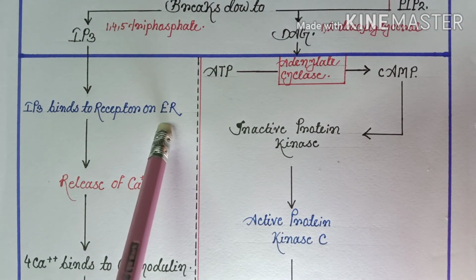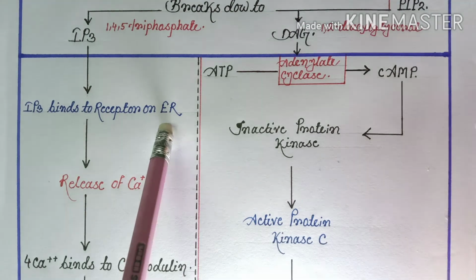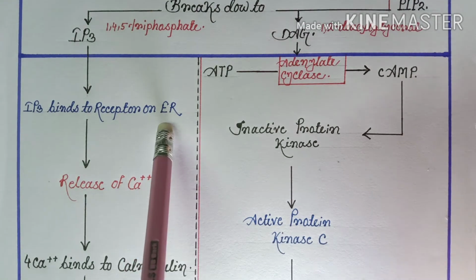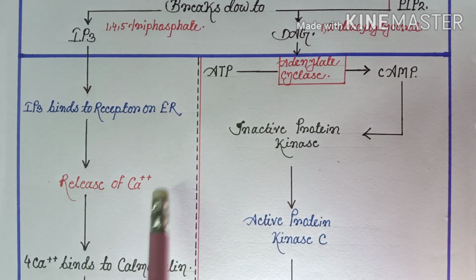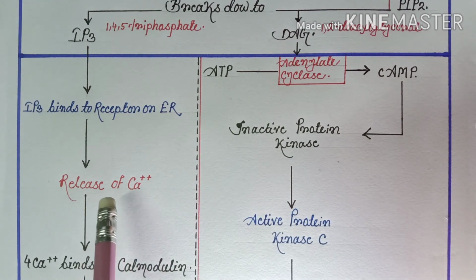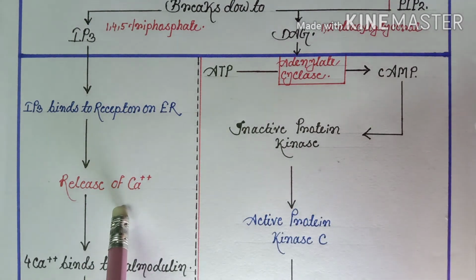So the IP3 comes from the plasma membrane and forms a complex with the receptor which is present on the endoplasmic reticulum's surface. As a result of the formation of this complex, the endoplasmic reticulum releases a huge amount of calcium ions.